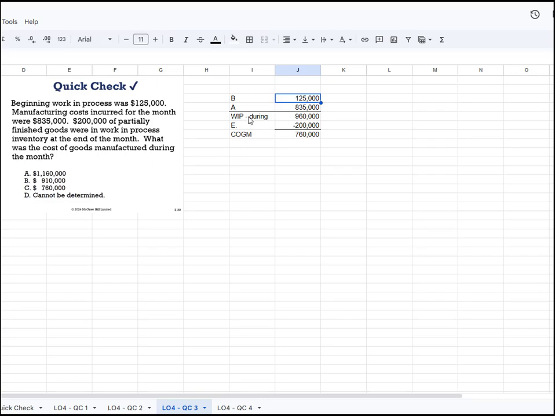So we had total work in process throughout the month worked on of $960,000. Less $200,000 for those partially completed units, and we are left with cost of goods manufactured, that is cost of those goods that were finished through the month that were then transferred to our finished goods of $760,000. So if you selected C, you were correct.